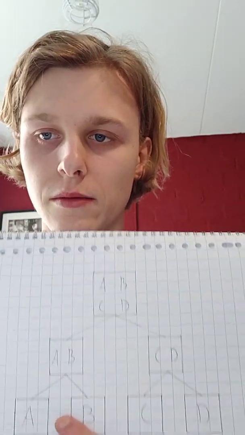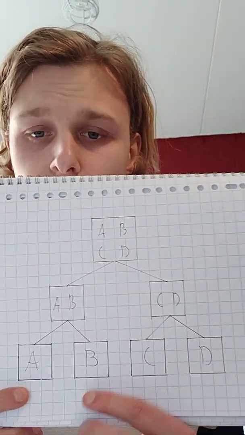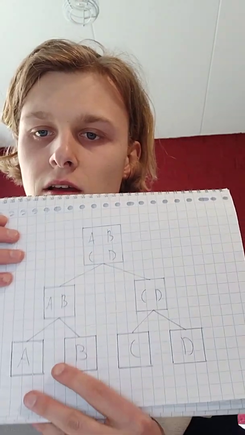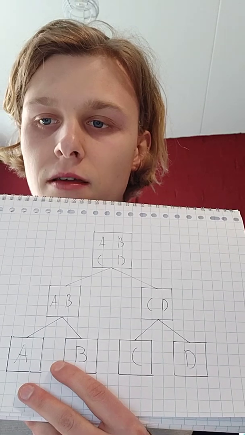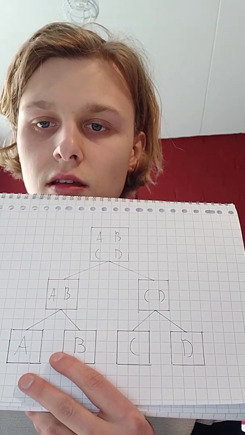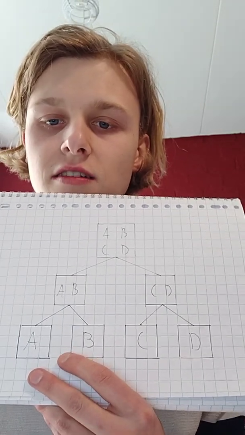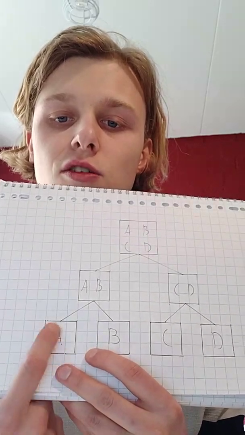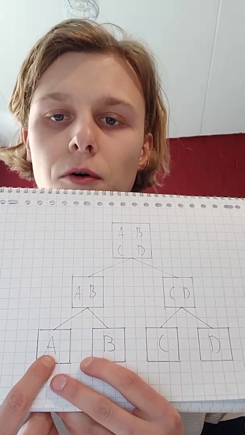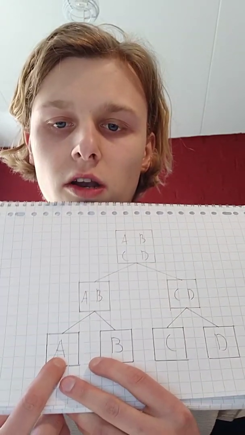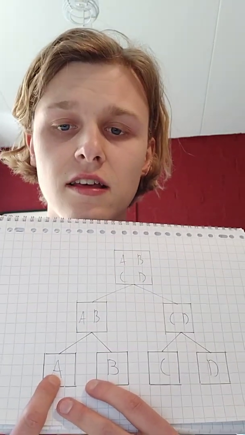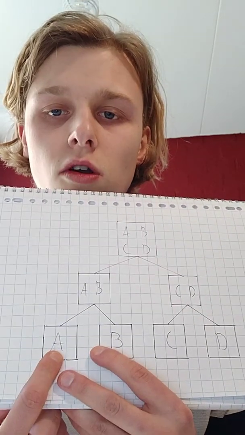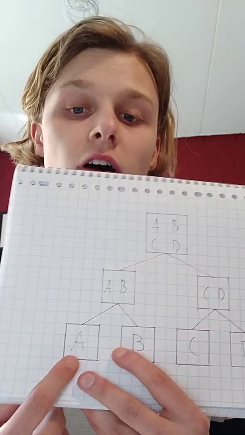So why is this useful? Why would you use this Merkle tree structure? Well, it's really useful because if we would change a single bit in this transaction, for example, I've sent someone 10 Bitcoin, which is transaction A, and he says no, I only received 5.